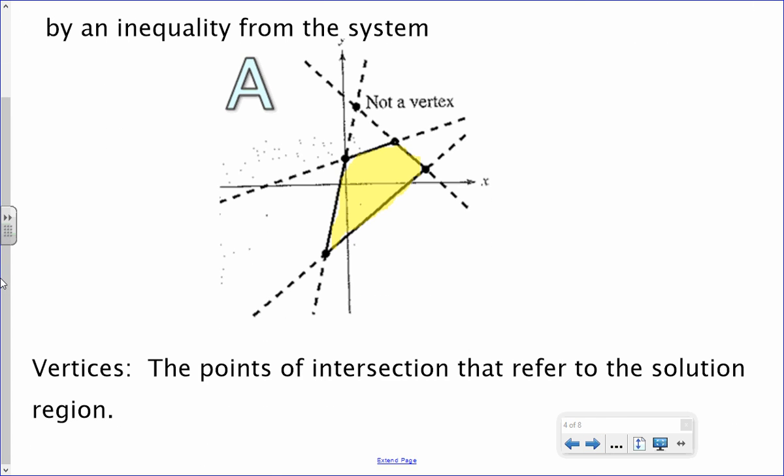These are going to be important. Vertices are the points of intersection that refer to the solution region. So these corner points, or these intersection points that are bounding the area, those are called vertices, and I'm going to ask you to find them.